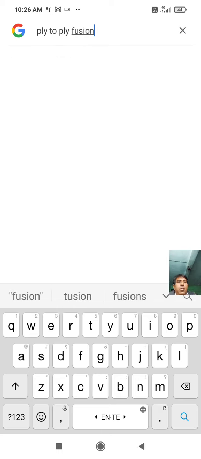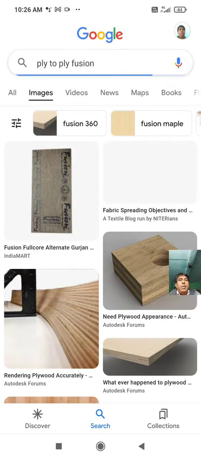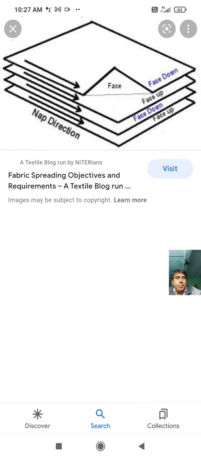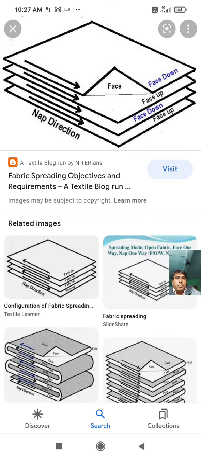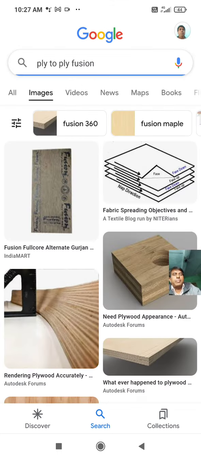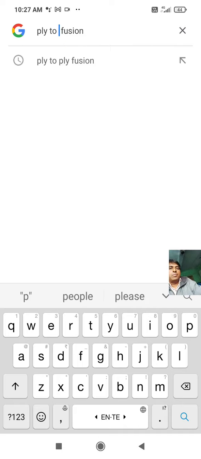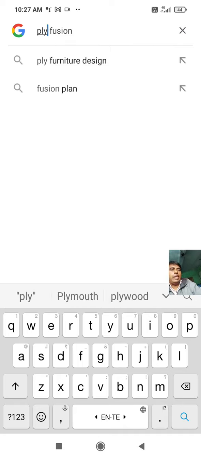Fusion, you will get something, I hope so. We are not getting any definition.